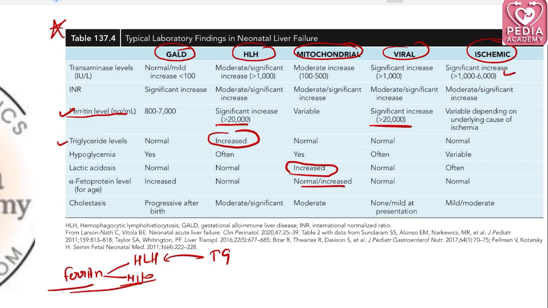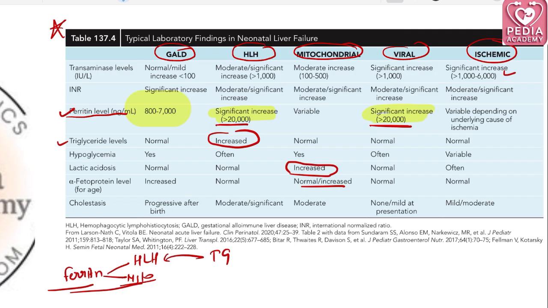In gestational alloimmune liver disease, ferritin will be increased, like 800 to 7,000, which is very significant. But in HLH it is increased even more than 20,000. Even in viral, it is more than 20,000. So in GALD, HLH and viral, ferritin level is increased.